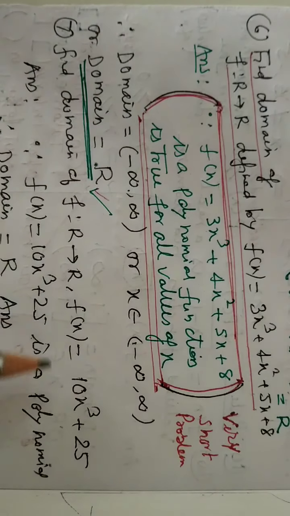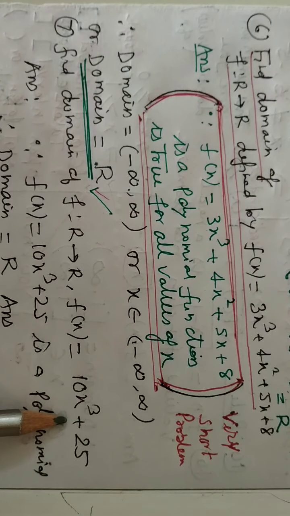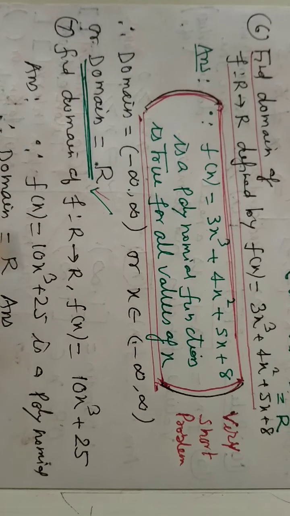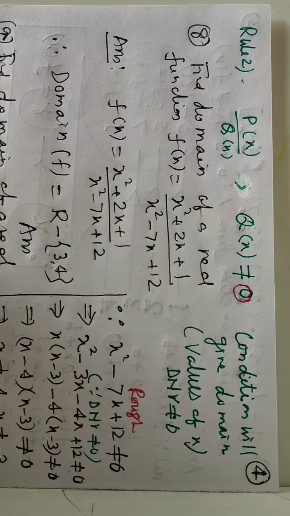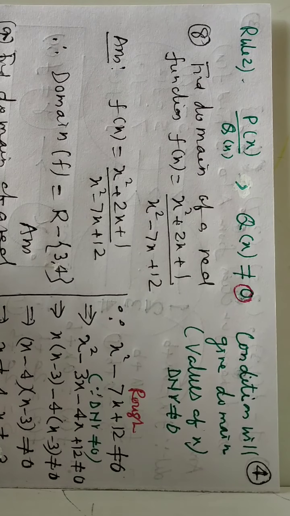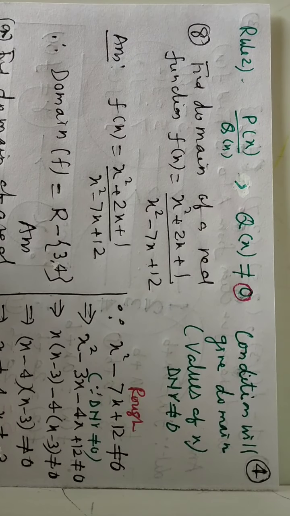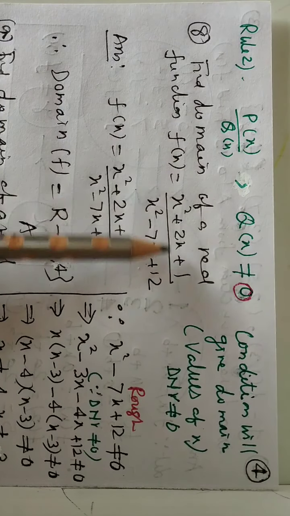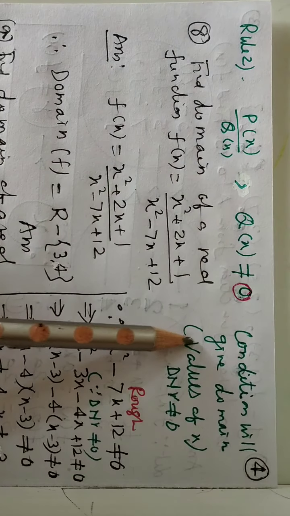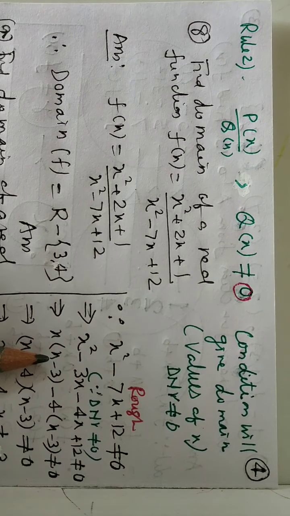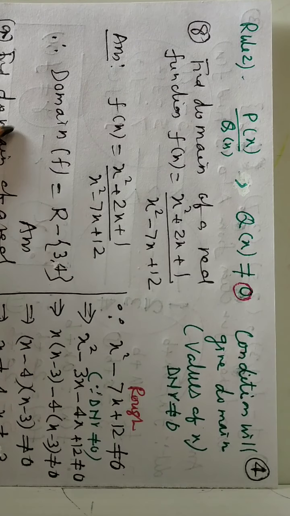Similarly, seventh number, again we are getting a polynomial. So since f(x) is a polynomial, the domain is equal to R. Now in case of a fraction, p(x) by q(x), the denominator is not 0.